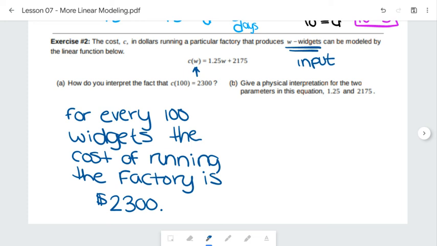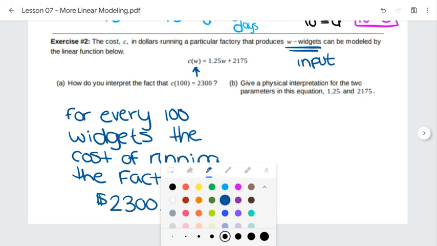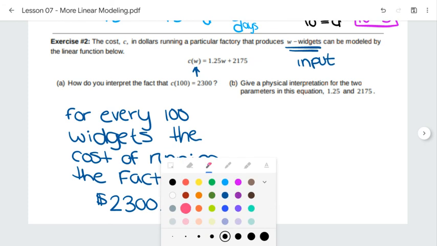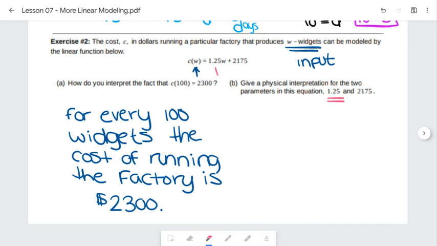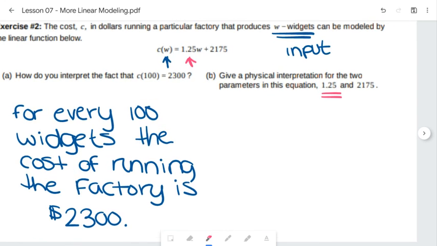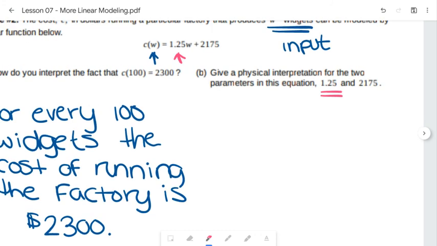Now, given a physical interpretation of the two parameters of the equation, the first part, the 1.25, looking where it is, that's our slope, right? So the slope is like the average rate of change, how much it's going to increase every time.